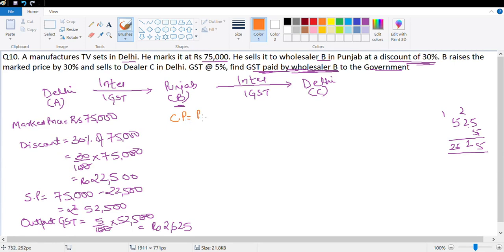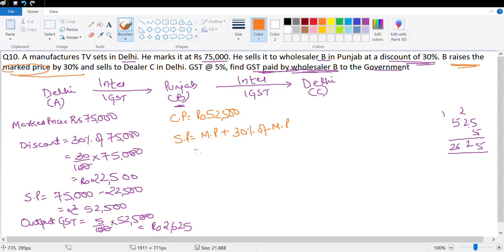Let's look at the person B, the dealer in Punjab. Cost price for him was rupees 52,500. He raises the marked price by 30%. So selling price will be equal to marked price plus 30% of marked price. Let's just confirm. Raises the marked price. So he's raising the marked price.